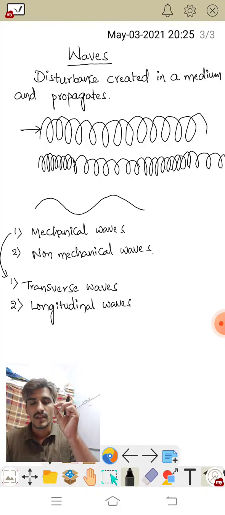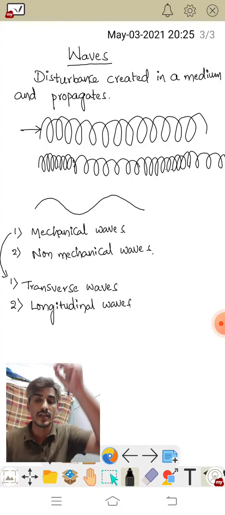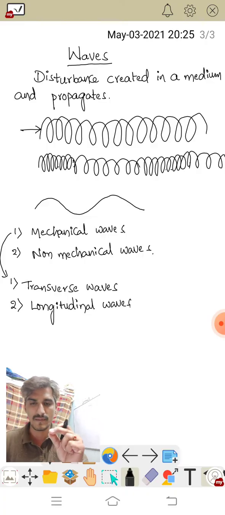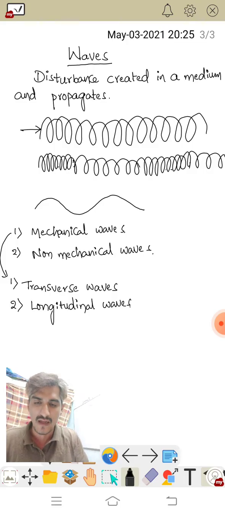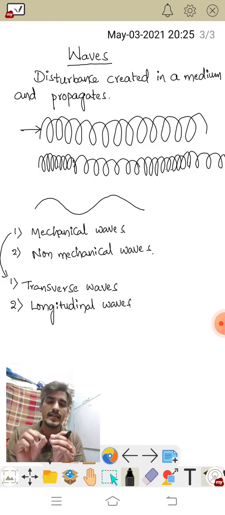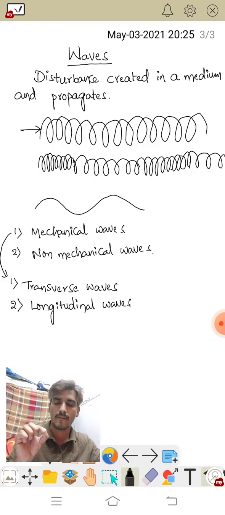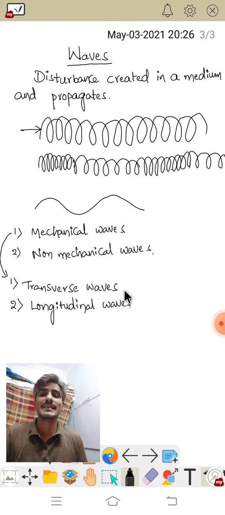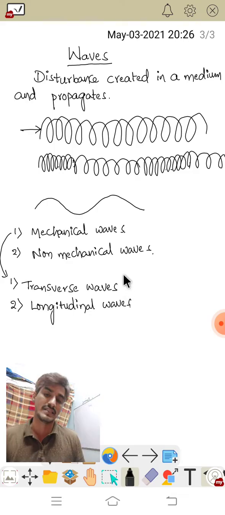Because of the oscillations of molecules, standing and sitting, about its mean position. Then the wave will be propagated perpendicular to it. If it is done like that, then we call that type of waves transverse waves.